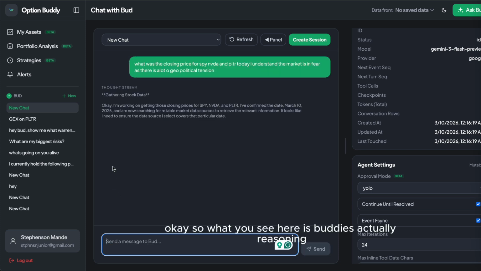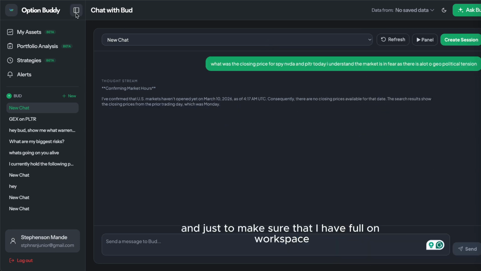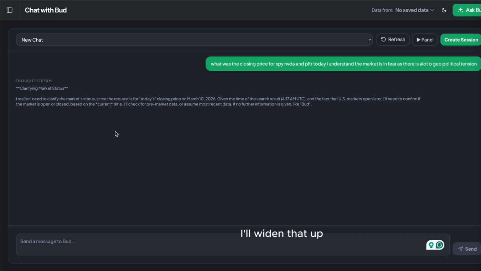Okay, so what you see here is Bud actually reasoning. Now, this is not the way a wrapper functions. And just to make sure that I have the full workspace, I'll widen that up. Okay, so it's reasoning.